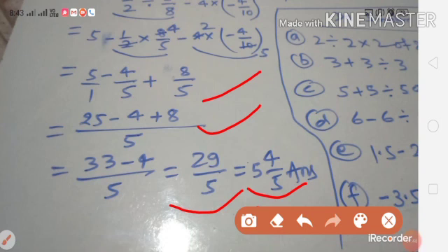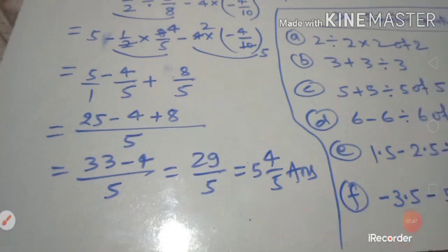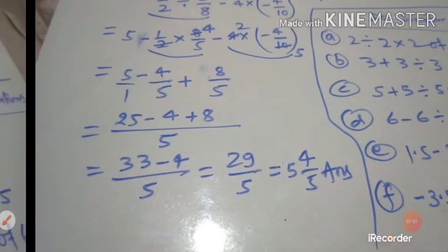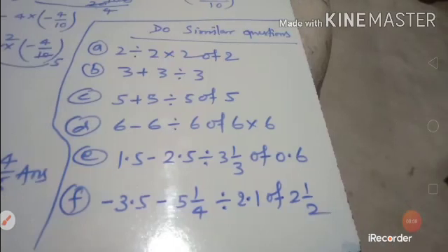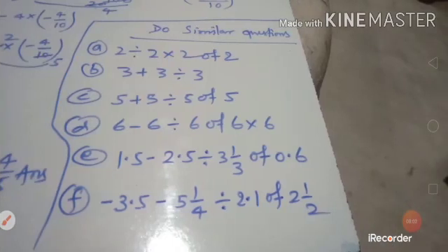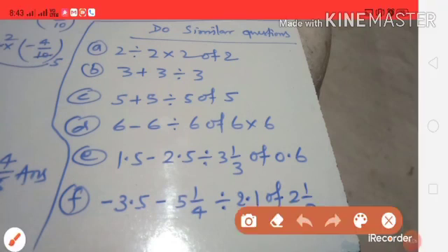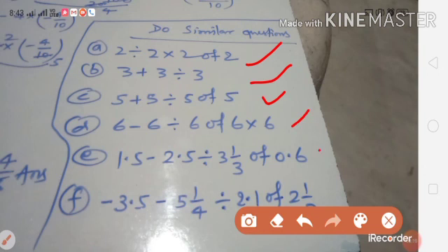This is the use of BODMAS. With the use of BODMAS, I taught you this simplification, and I think that you have no problem. You can do these similar questions. Here you see some questions for second, third, 4, 5, 6.